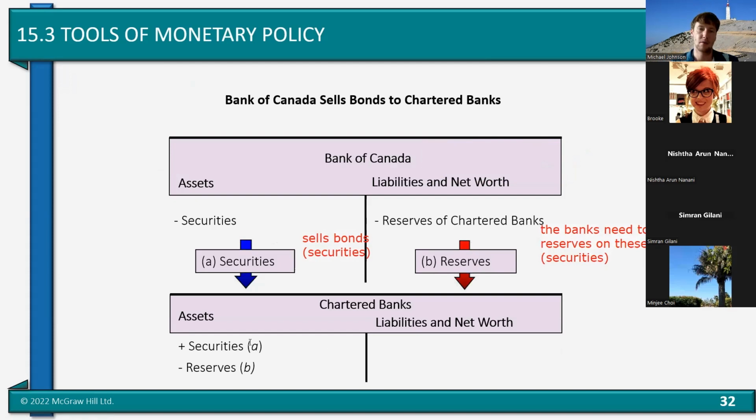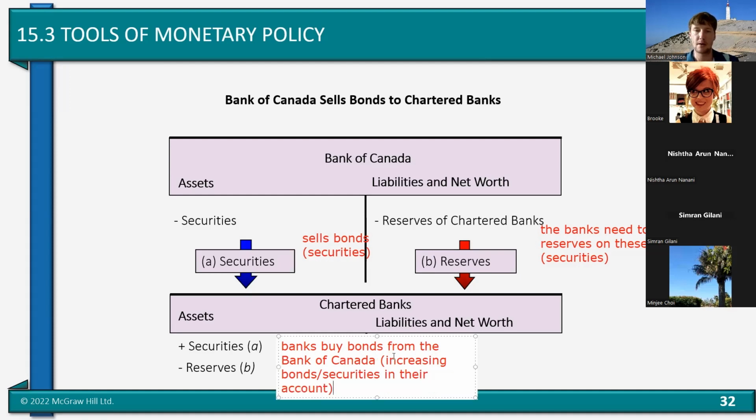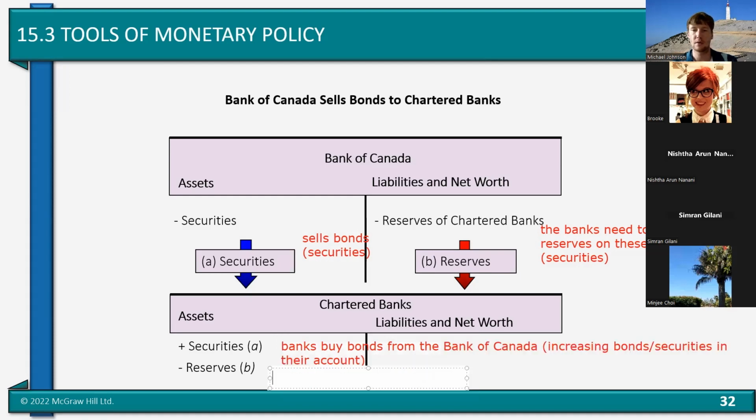The banks buy bonds from the Bank of Canada, increasing bonds and securities in their account here. And then here the bank's reserves go down due to buying bonds. So yeah, here's the balance sheet. That's how it works here.